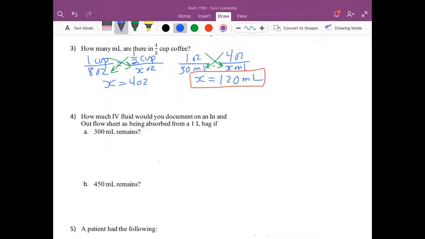If you want to do it in one go, how you can do this is by multiplying the ratios so that the units cancel out. So I want cup on the top and one cup on the bottom, so that they cancel each other out as they go.